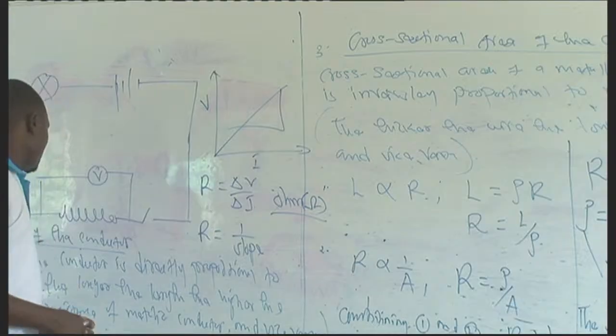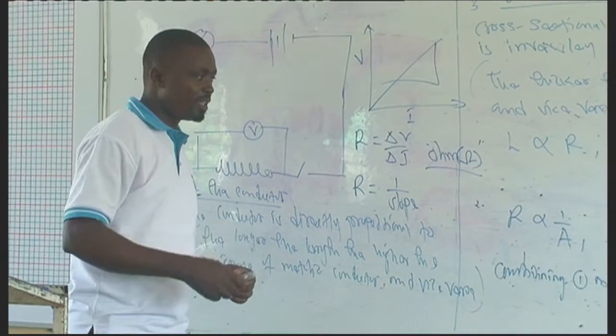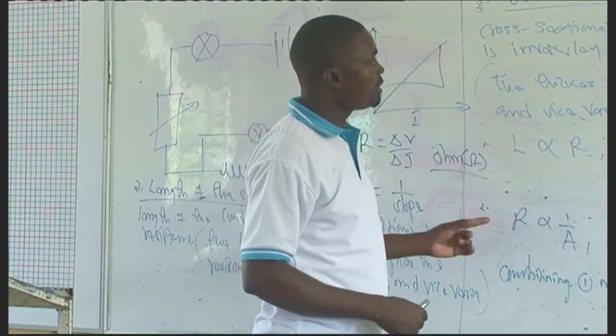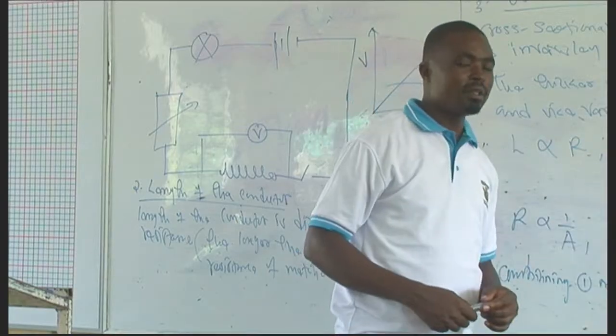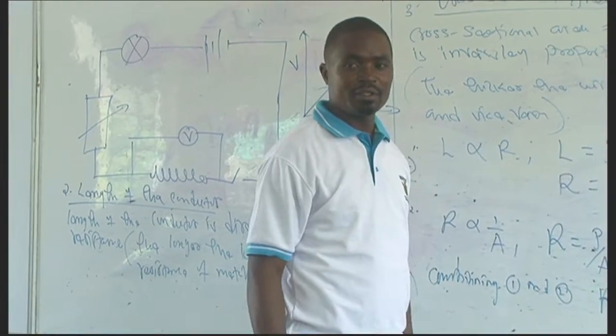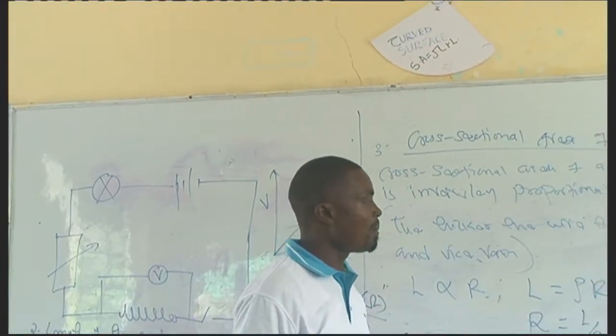Two is length: the longer the length, the higher the resistance, and vice versa. Three is cross-sectional area: the thicker the wire, the lower the resistance, so it is inversely proportional.